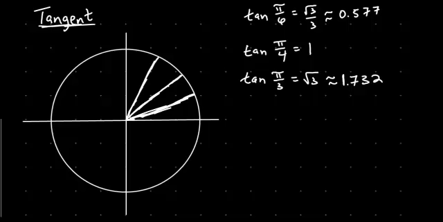Okay, so now I use these to figure out all of my other ones that are non-zero or not infinity. So let's just take an example. Let me arbitrarily pick the tangent of, let's say, 5 pi over 6. I count around the unit circle in increments of pi over 6.